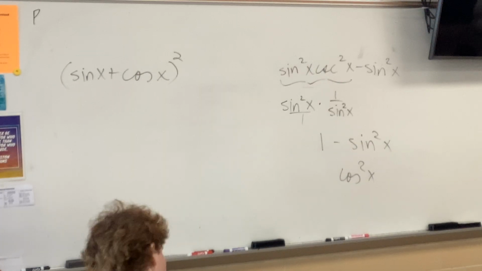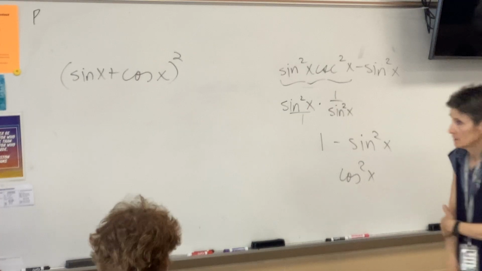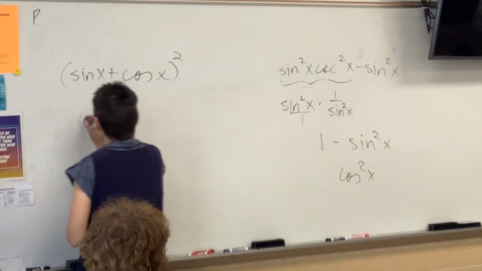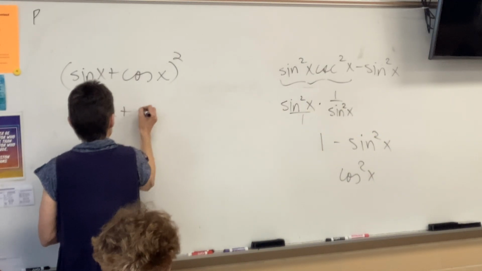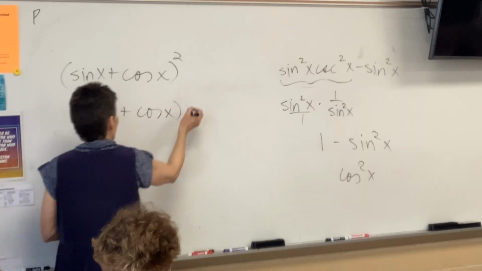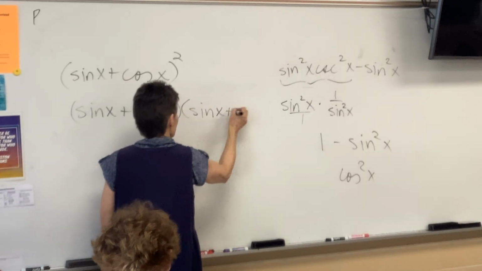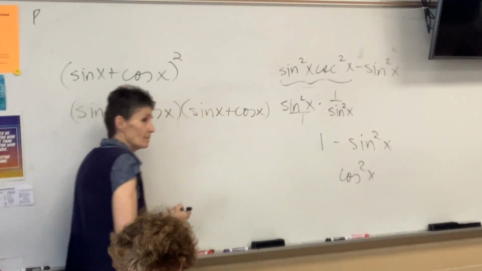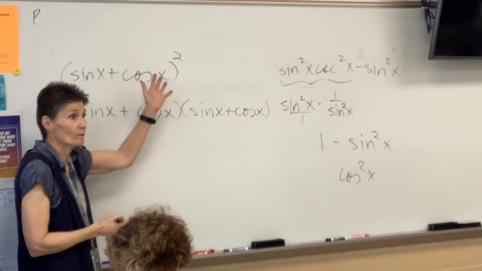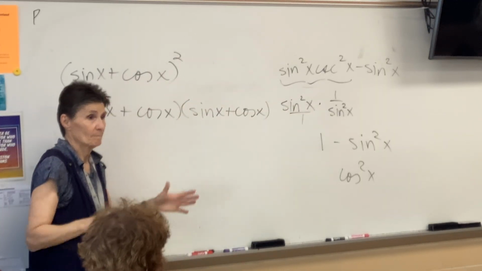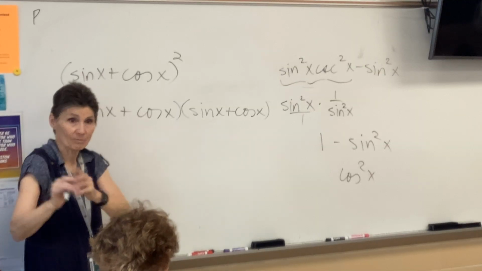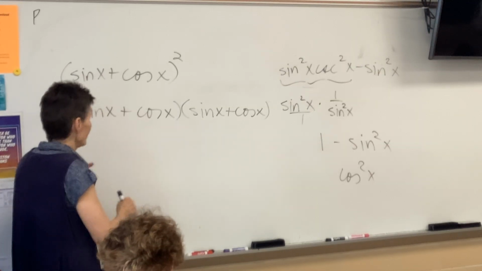So we're going to FOIL. This is sine plus cosine times sine plus cosine. That's what parentheses squared means, always. It means times itself.